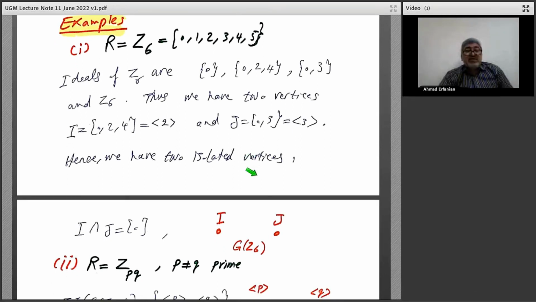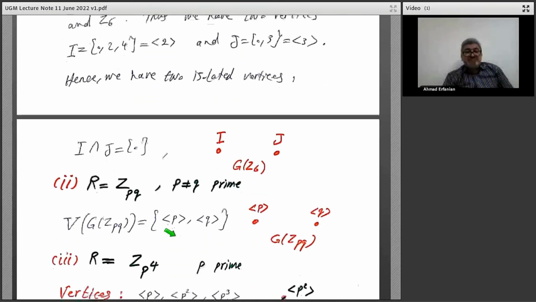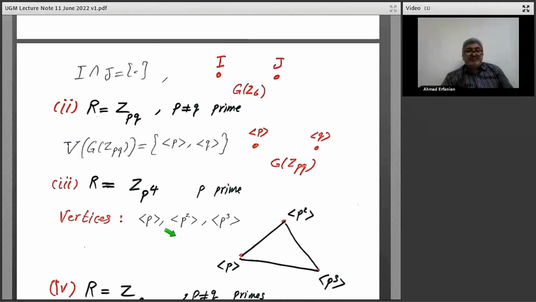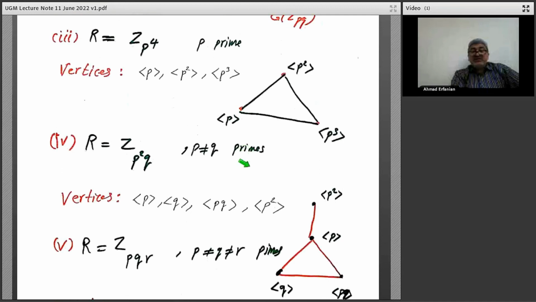You can see here an example for the ring Z6. We take two ideals I and J, and you can see that here we have two isolated vertices. If R is a ring of order pq, so Z_pq, we have two ideals here, and still we have two isolated vertices.